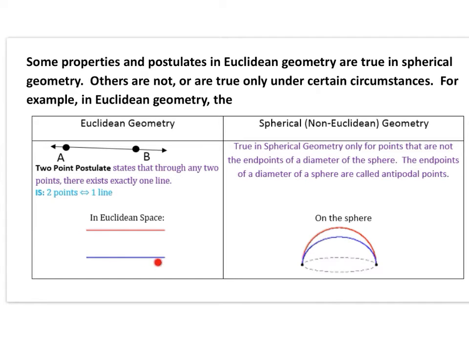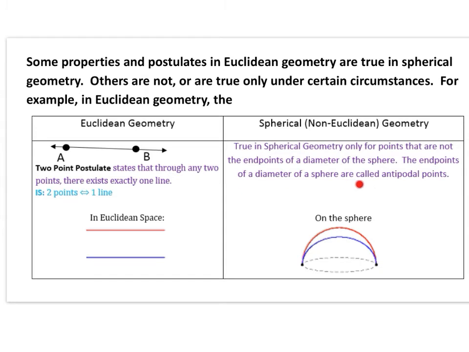Here's an example of 2 points A and B, and through those exact 2 points there exists exactly one line. In spherical geometry, it's true only for 2 points that are not the endpoints of a diameter of the sphere.